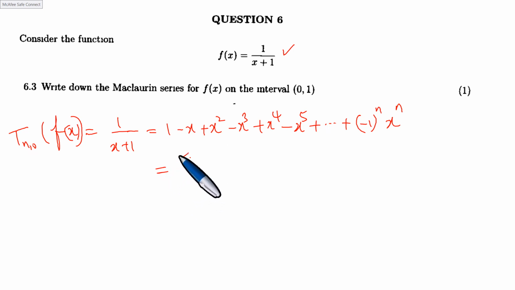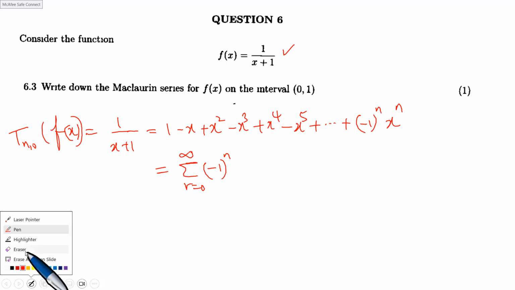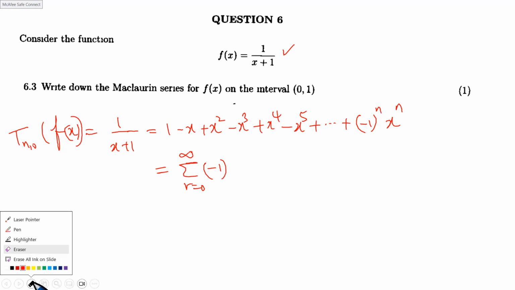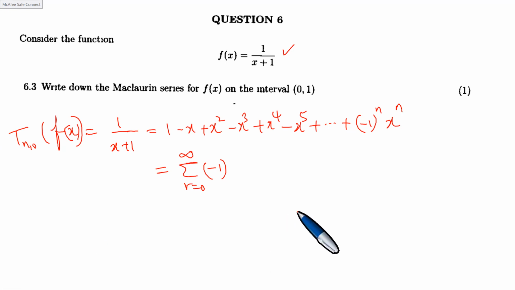So now we have, right, this is r equals 0. For this one, we can write r. So this one, just writing in terms of r.